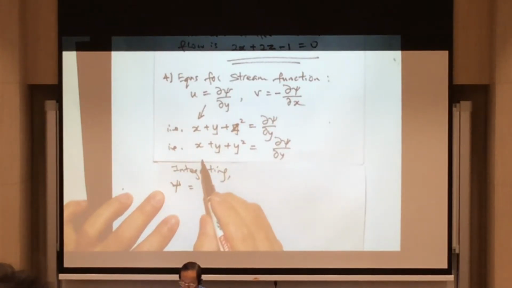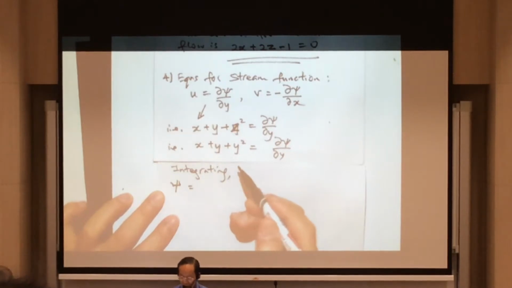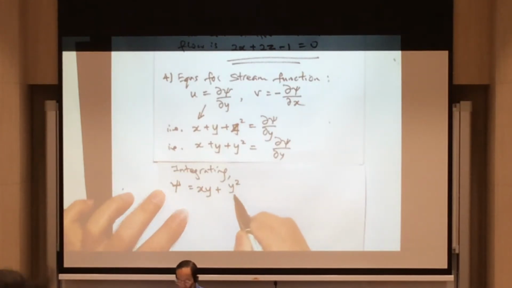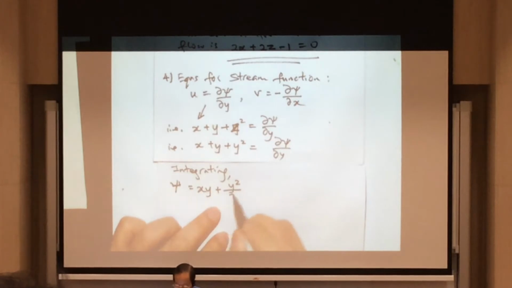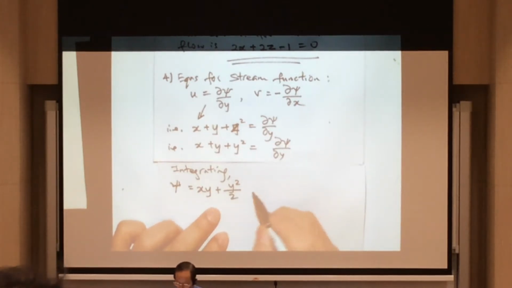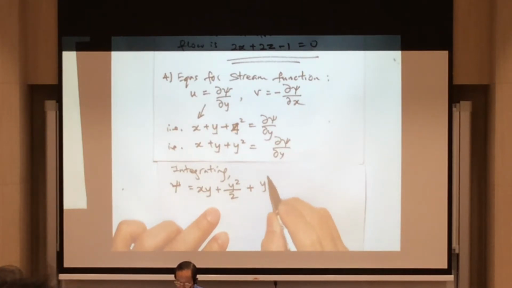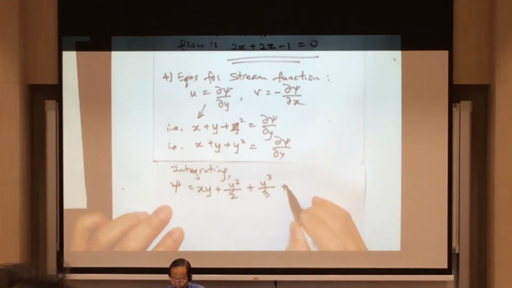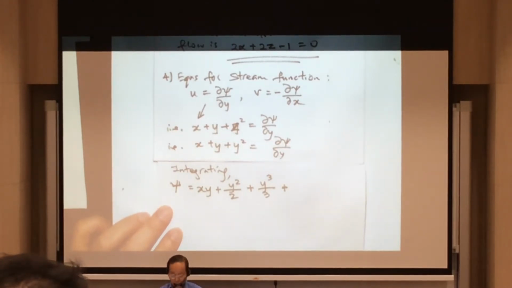When you integrate x plus y squared with respect to y, you get xy plus y squared over 2. And when you integrate y squared with respect to y, you get y cubed over 3. And what else? Plus a constant of integration.